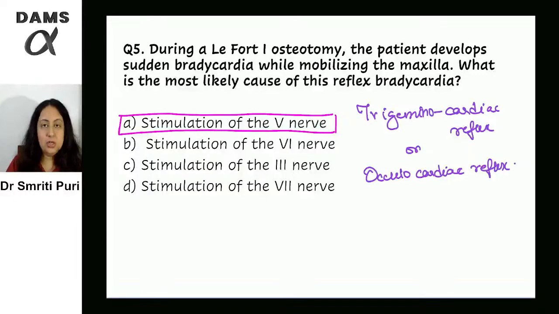If you want the explanation, I have explained it in the previous sessions. You can go and have a look over there. Yes, very good, HS. The fifth nerve stimulates the vagus, which causes reflex bradycardia, and the other triad. It is a triad of hypotension, bradycardia, and nausea, vomiting. All right, trigeminocardiac reflex. Very good, HS.